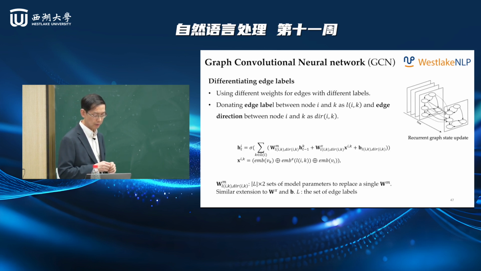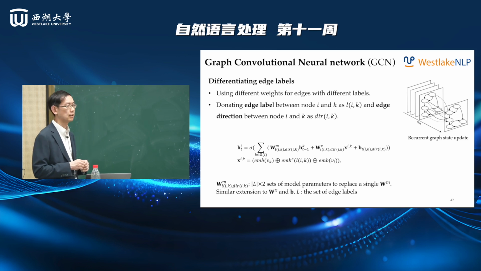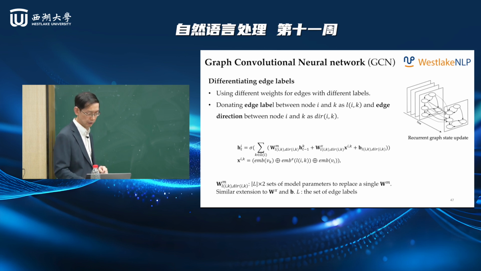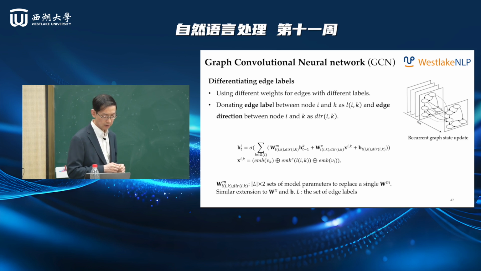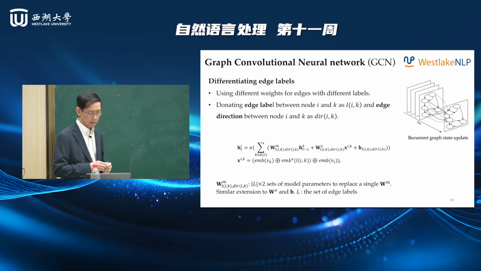Of course, we can build different things on top of the naive version. For example, we can differentiate different edge labels. And here, when I calculate h_i^t, I use sigmoid over an aggregation of convolution filters, okay?